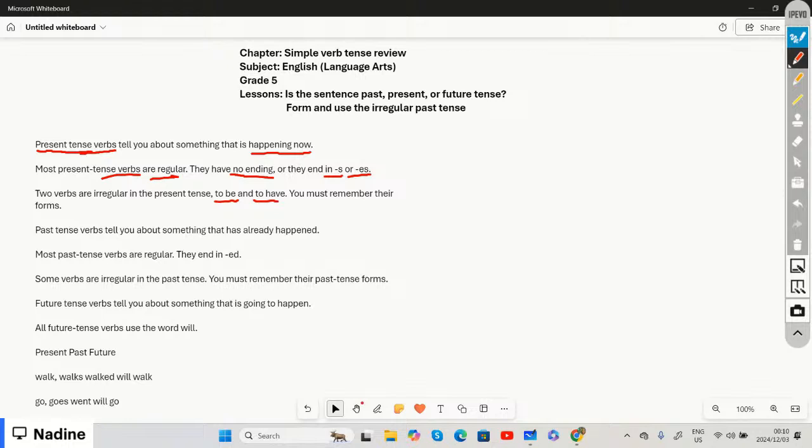We cannot tell you to add an s or add an es. You're just going to have to remember the form of that verb. That is irregular verb tenses.